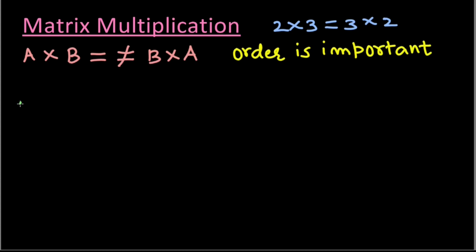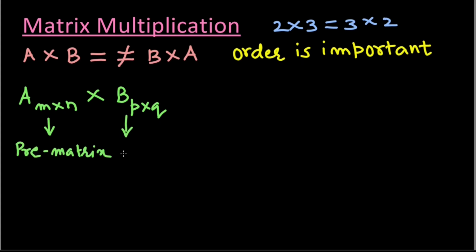Suppose matrix A is of the order m by n multiplied by matrix B, which is of the order p by q. Here matrix A can be called the pre-matrix and matrix B can be called the post-matrix.